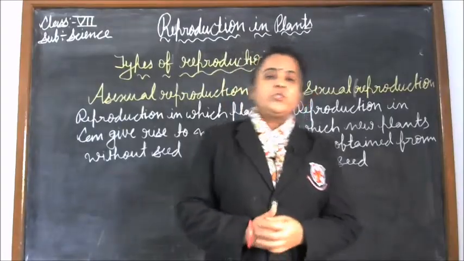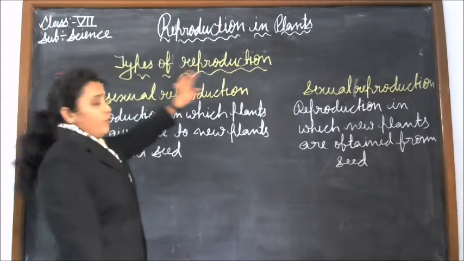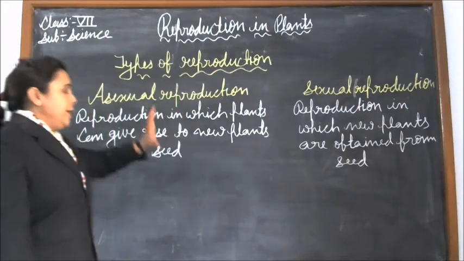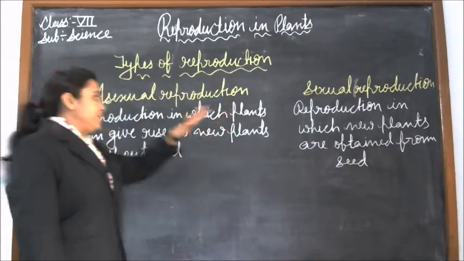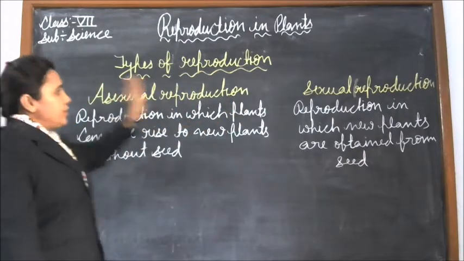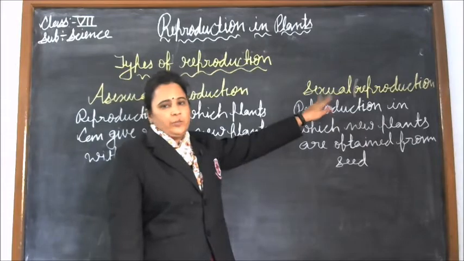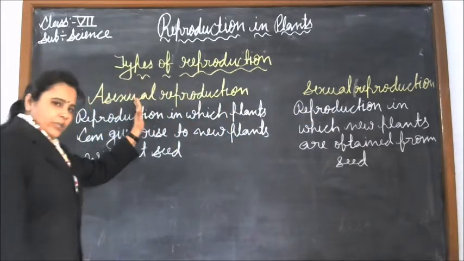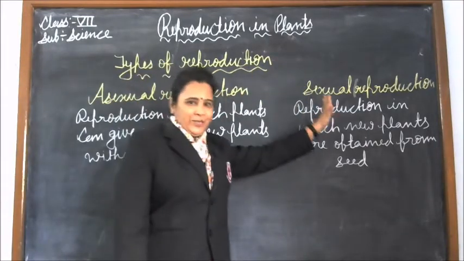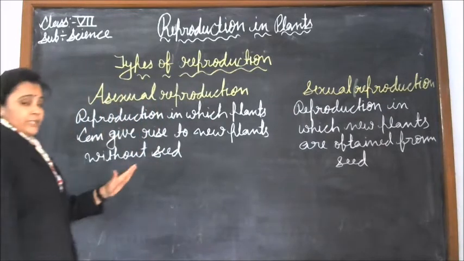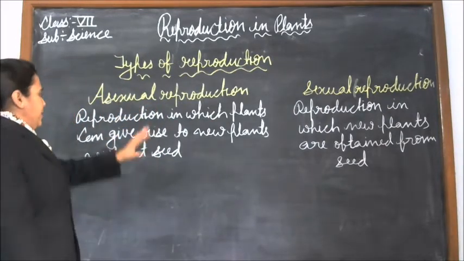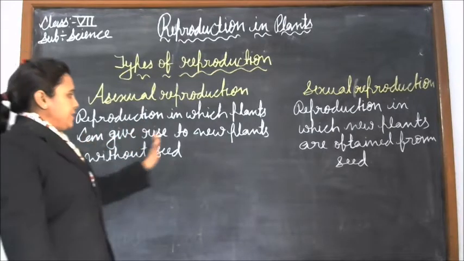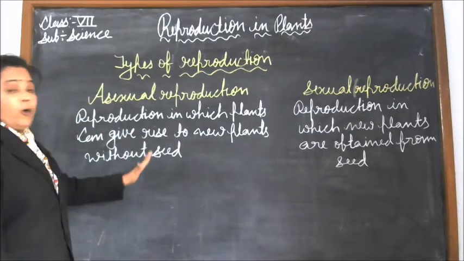Now we are going to study types of reproduction. Student, there are two modes of reproduction that take place in plants: asexual reproduction and sexual reproduction. In asexual reproduction, the plant gives rise to a new plant without seed.